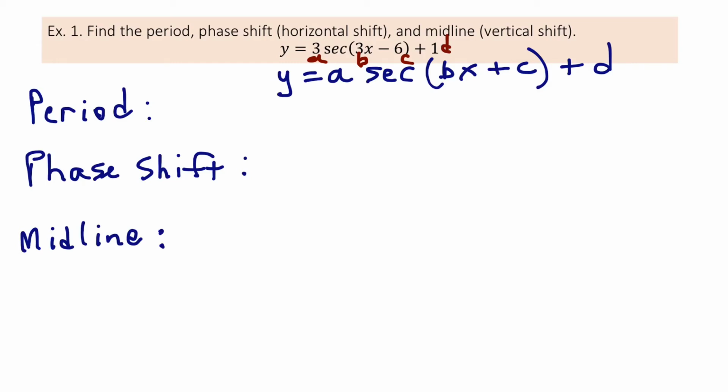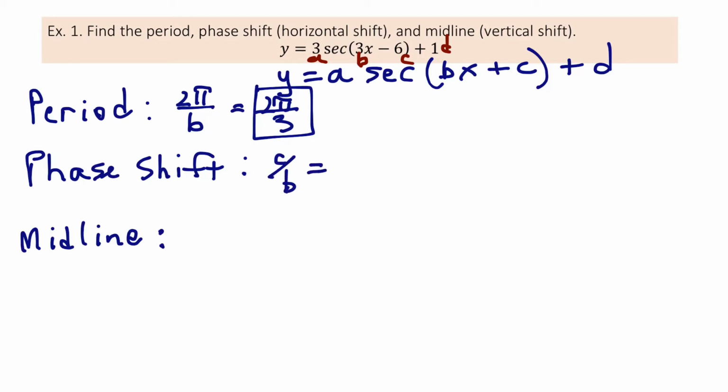So our period is still going to be equal to 2 pi divided by b. So that's 2 pi divided by 3. So my period is 2 pi over 3. My phase shift is going to be c over b.